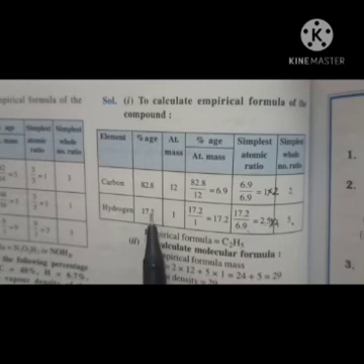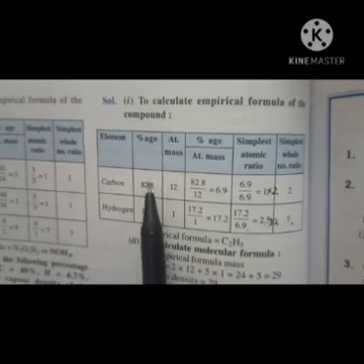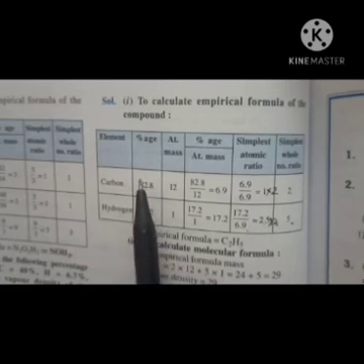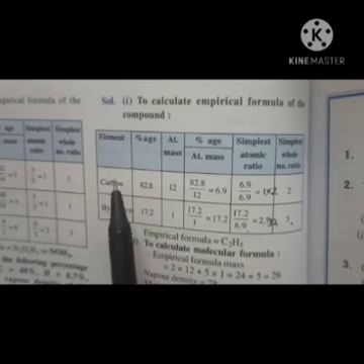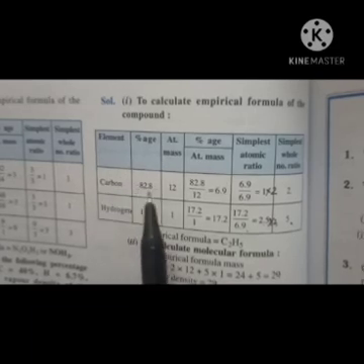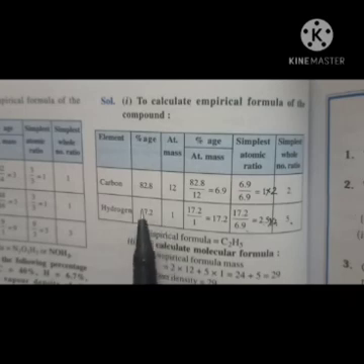So in some questions they don't give the percentage of one element and the rest are given. Then you first add the percentages of all the given elements and then subtract the sum from 100.